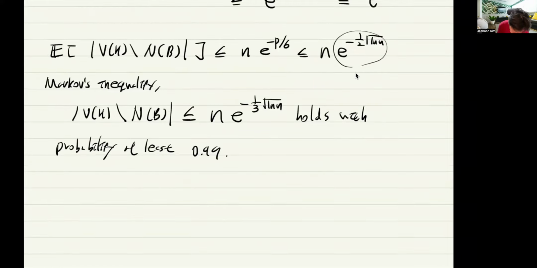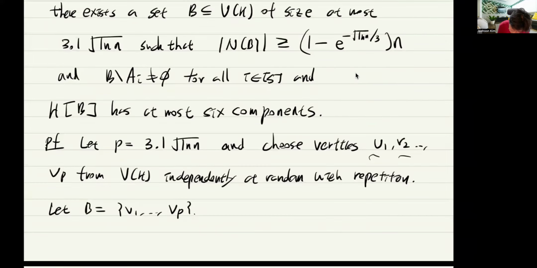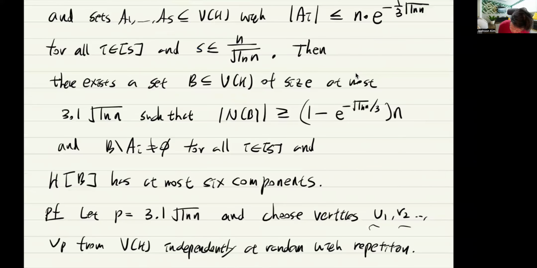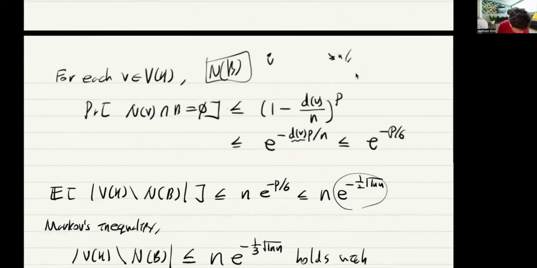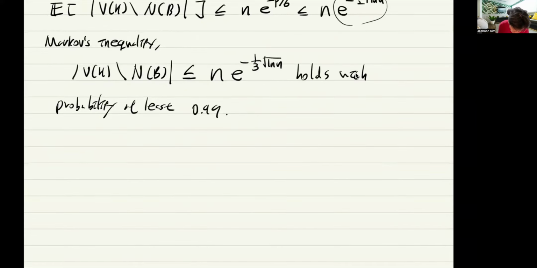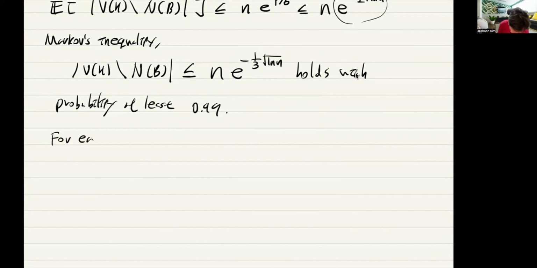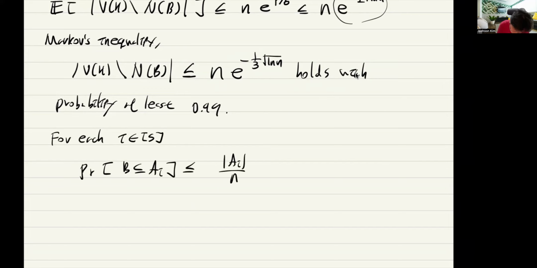Okay. That's regarding this event, and there is this event as well. For each i, what's the probability that this B is entirely in A? That you can also calculate.